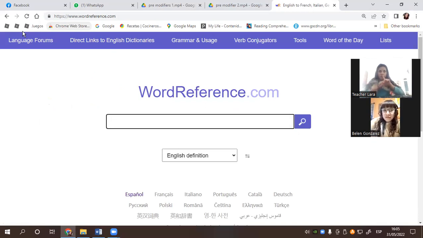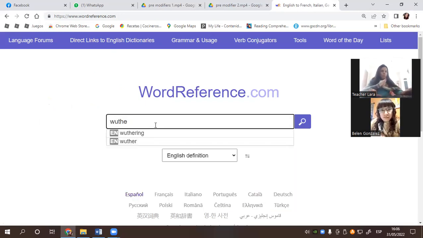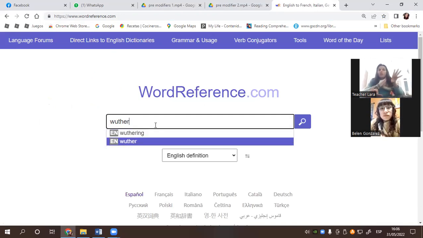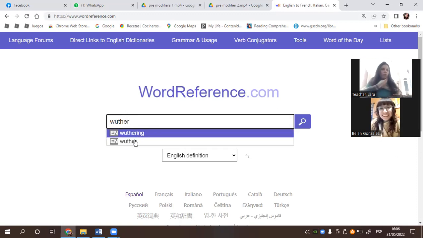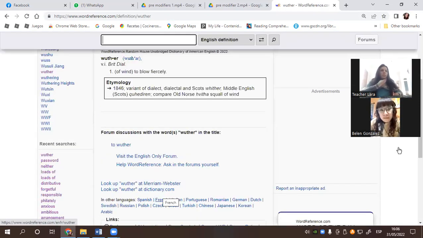Let's check the verb, because the dictionary is going to tell us if it is a participle or a gerund, and we want that.